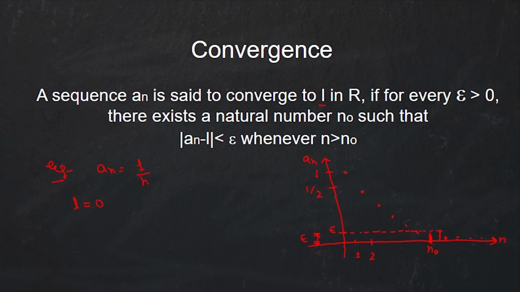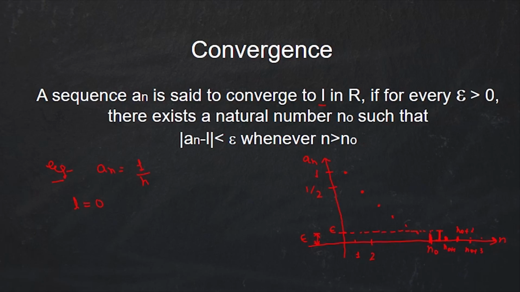This distance is my epsilon and this distance is my a_n minus 0. Here is n0 plus 1, n0 plus 2, n0 plus 3 and so on. So after this n0, a_n minus 0 will be less than epsilon.